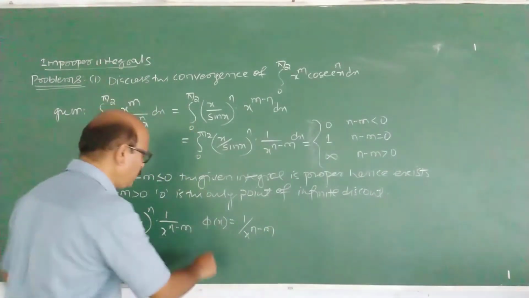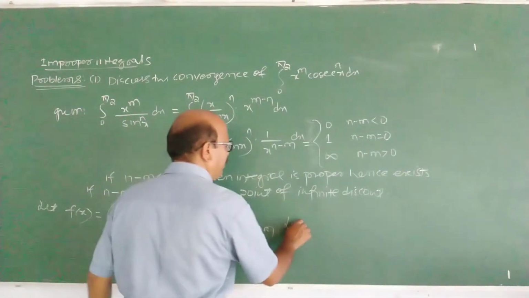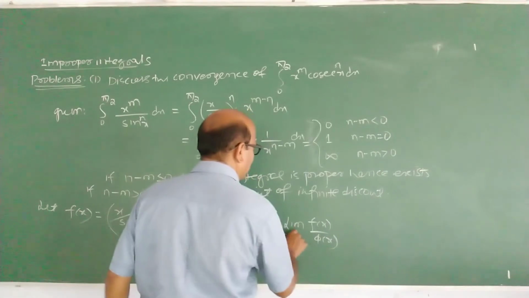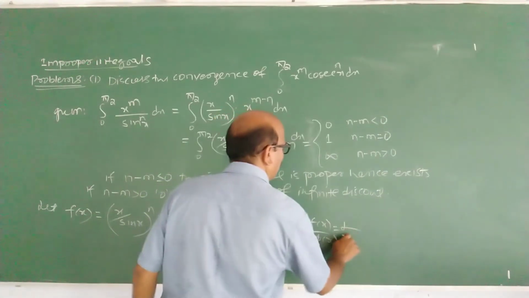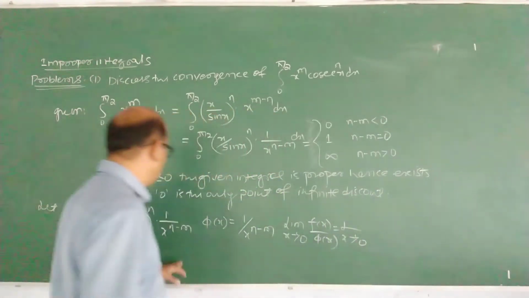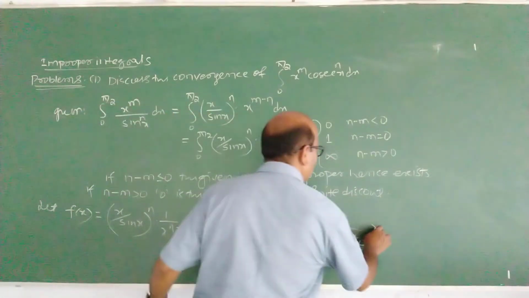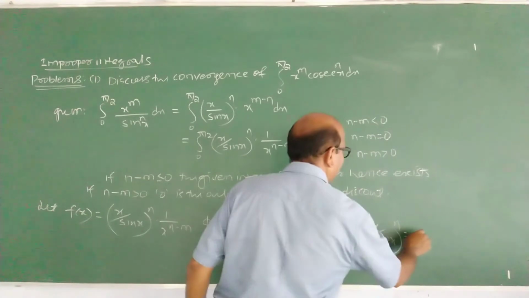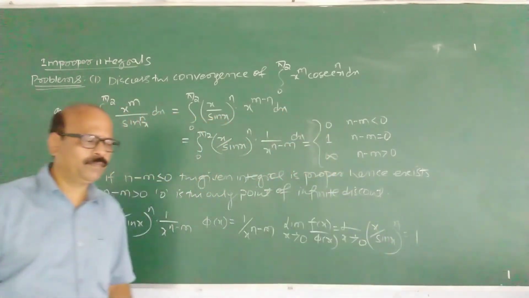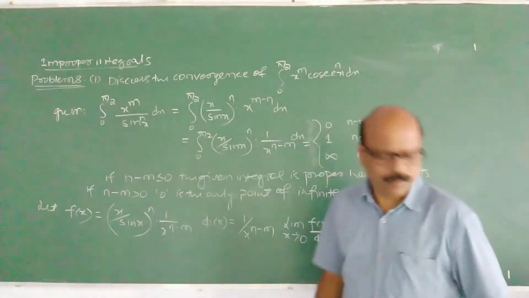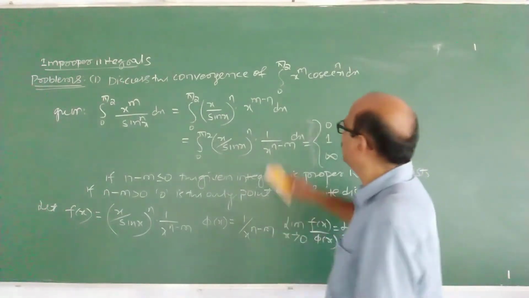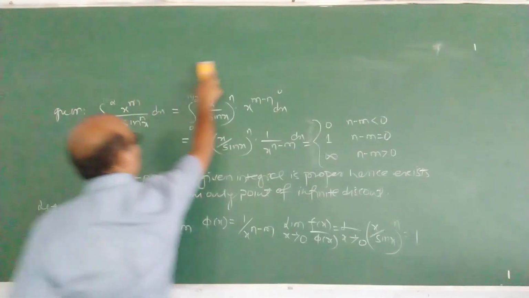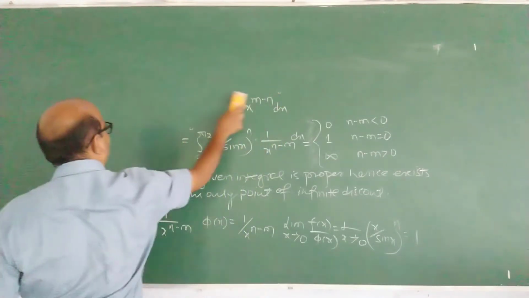Then limit of f of x by phi of x as x tends to 0 becomes x by sin x raised to n, and the limit as x tends to 0 is 1. So when x tends to 0, this becomes 1.